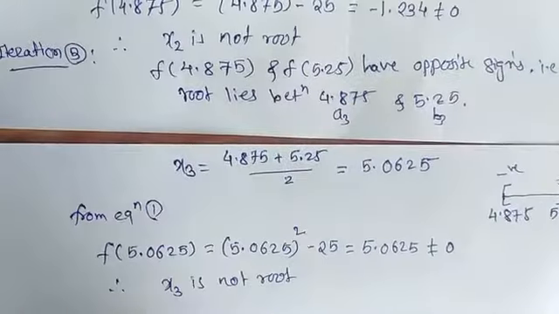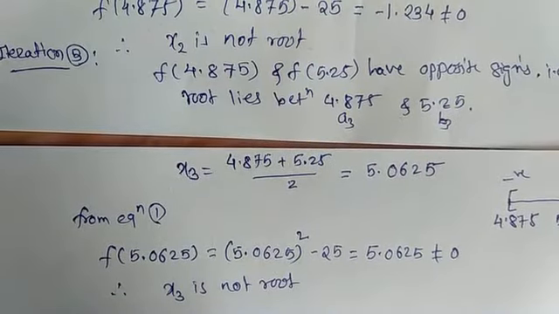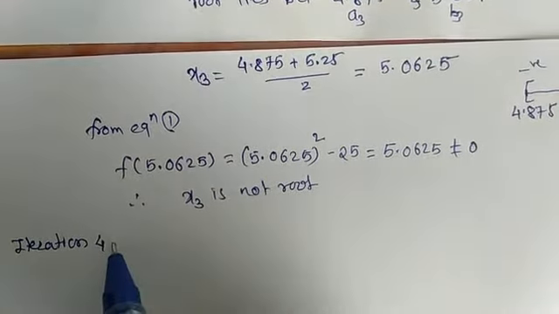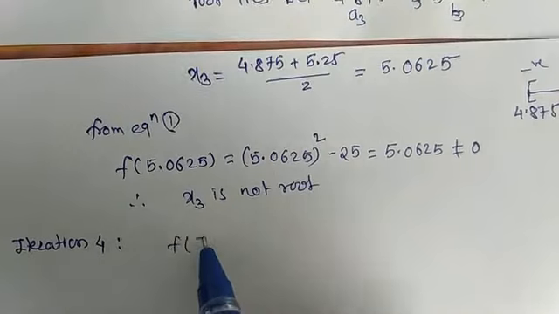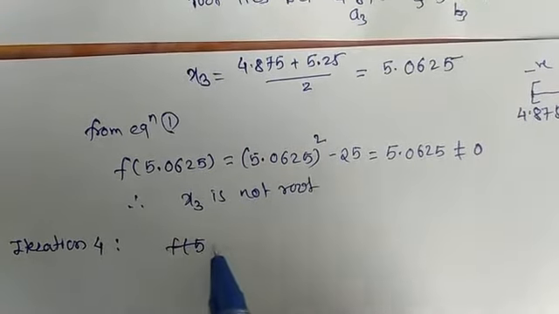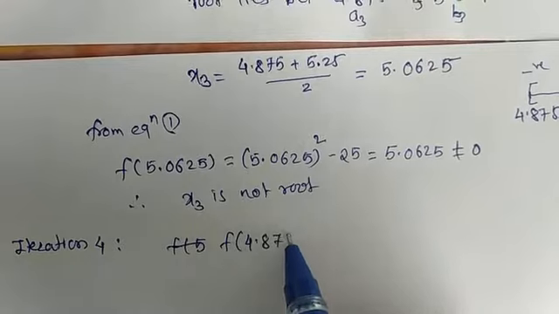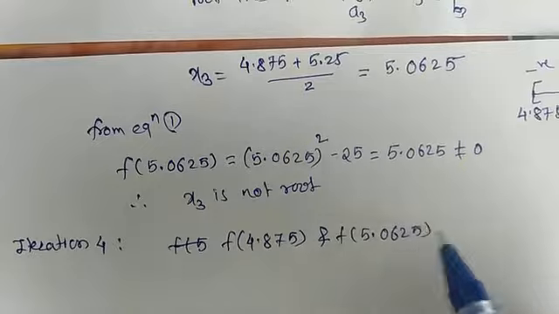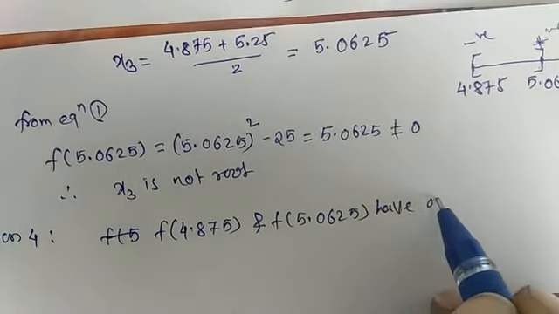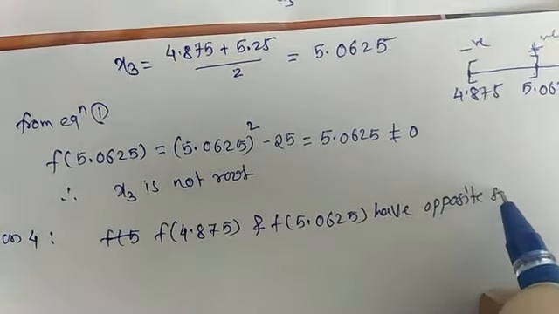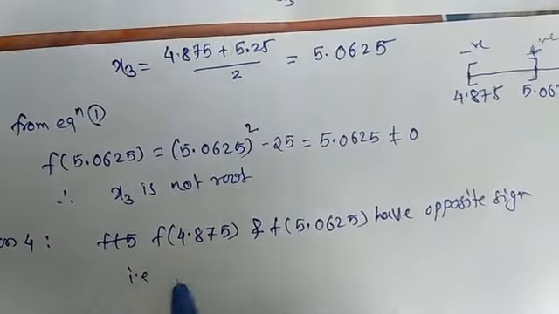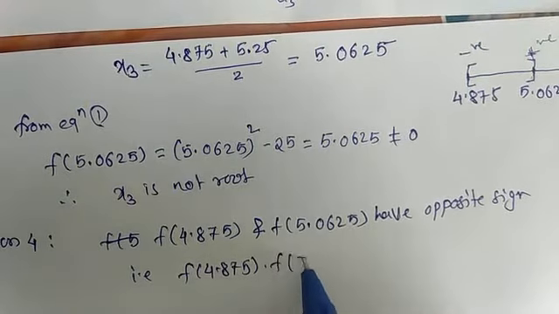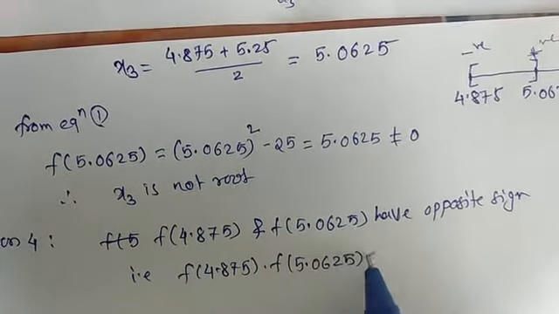So iteration number 4. Here f of 4.875 and f of 5.0625 have opposite signs, that is, f of 4.875 into f of 5.0625 is less than 0.